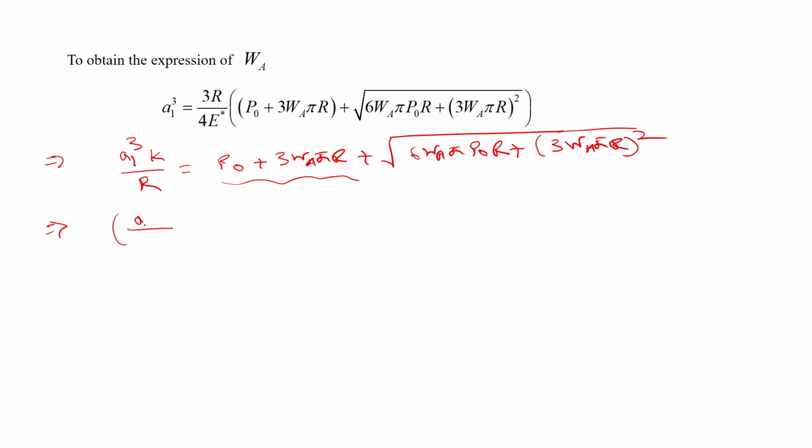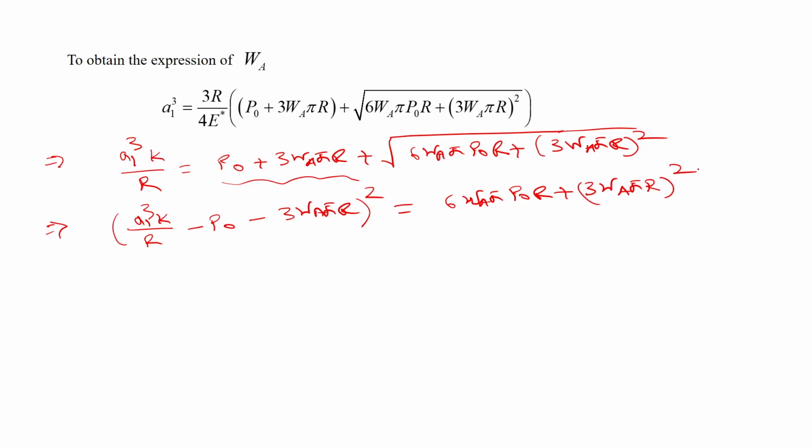So, it will be A1 cube k by R minus P0 minus 3 W_A pi R, whole square. This will be equal to 6 W_A pi P0 R plus 3 W_A pi R whole square.